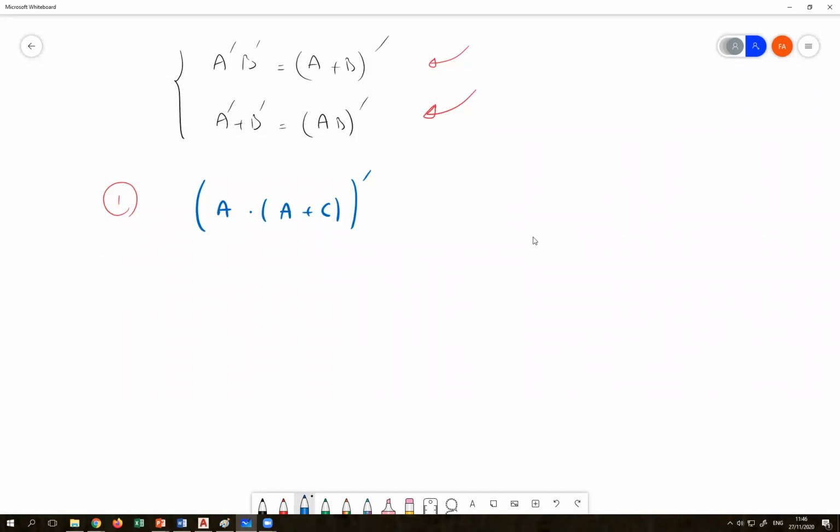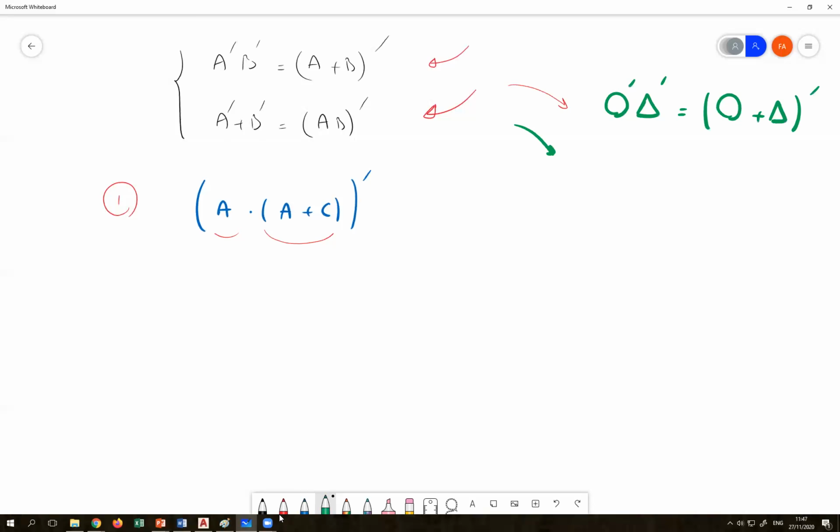Also, I can write, for example, the first rule as circle naught, triangle naught is equal with circle plus triangle naught.